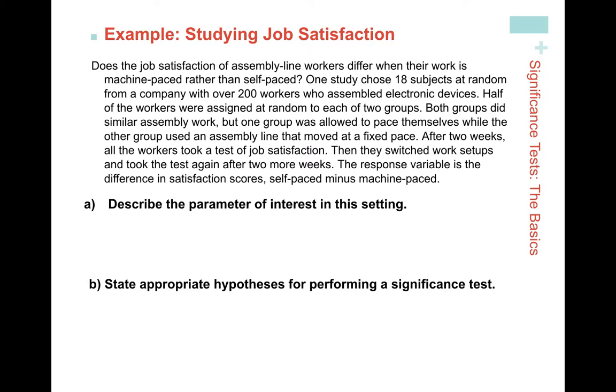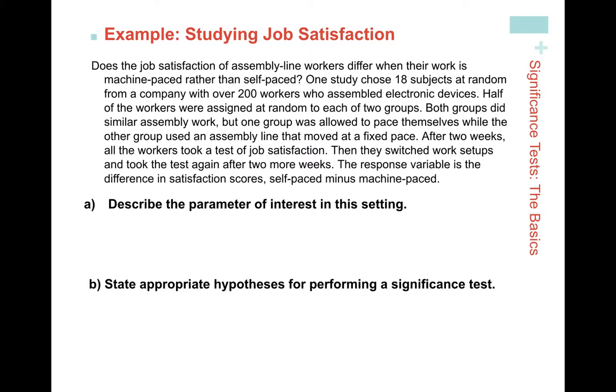Half of the workers were assigned at random to each of two groups, so this sounds like an experiment. Both groups did similar assembly work, but one group was allowed to pace themselves while the other group used an assembly line that moved at a fixed pace. After 2 weeks, all the workers took a test of job satisfaction. Then they switched work setups and were tested again.